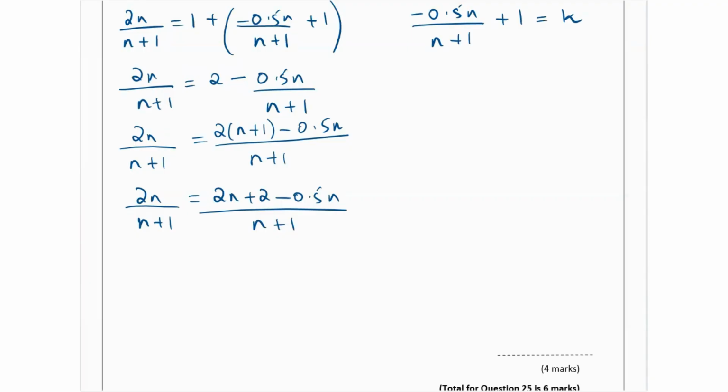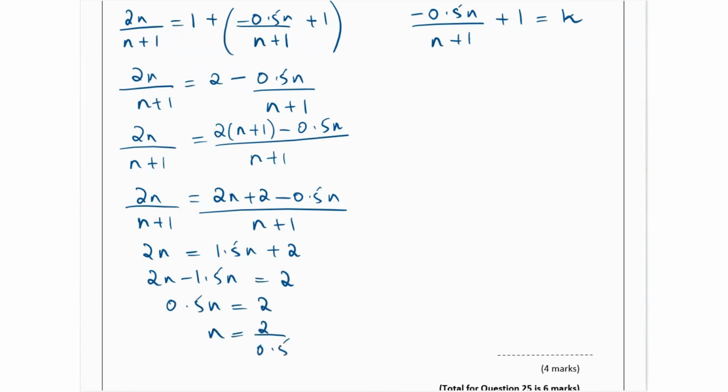The n plus 1 gets cancelled out, so we're left with 2n equals 1.5n plus 2. 2n minus 1.5n equals 2, which is 0.5n. So n is going to be 2 divided by 0.5, which gives us the value of 4. So n equals 4.